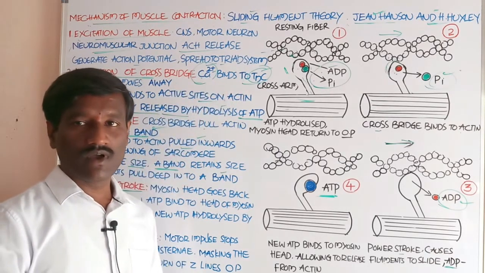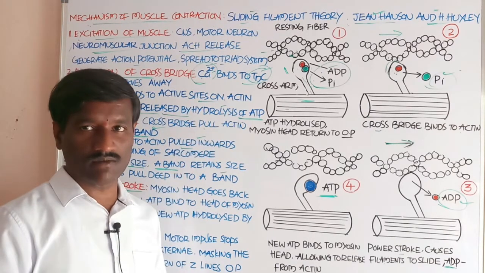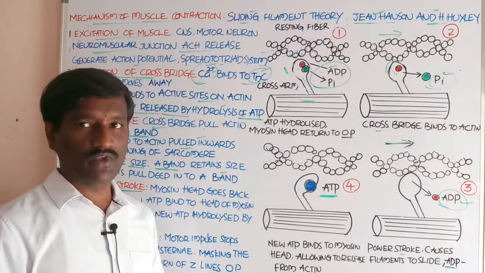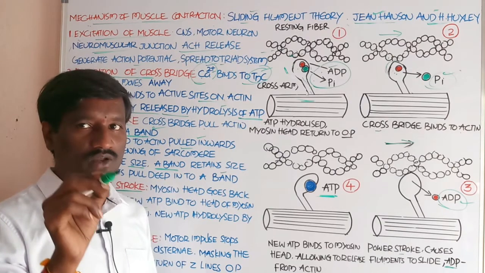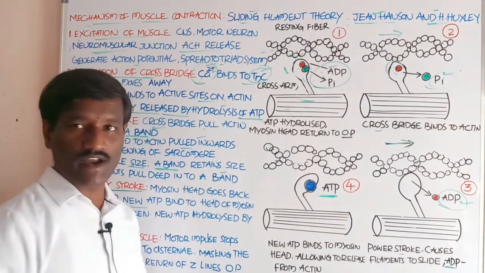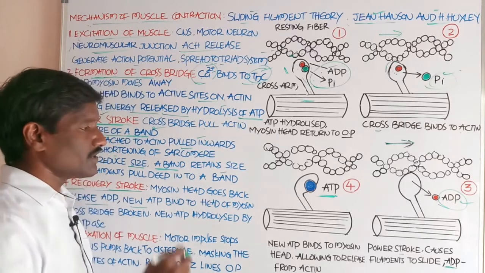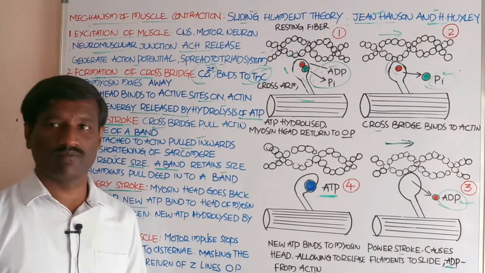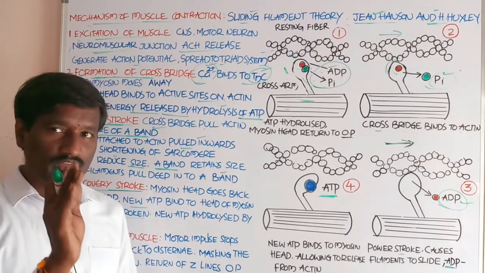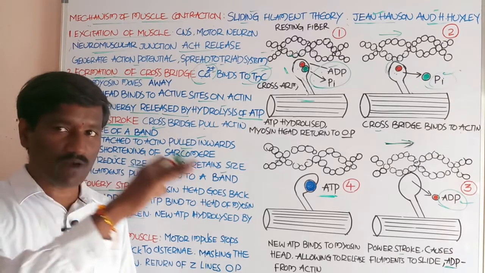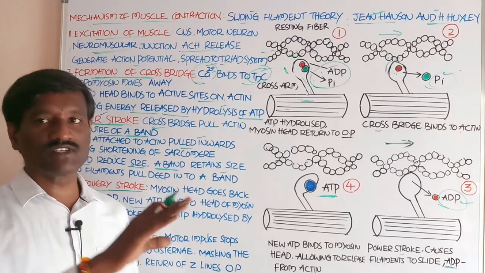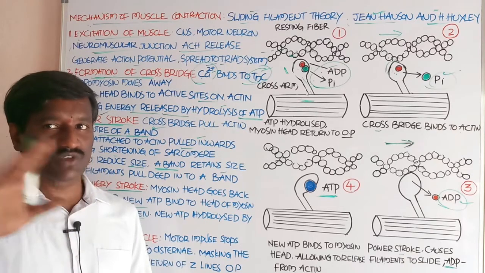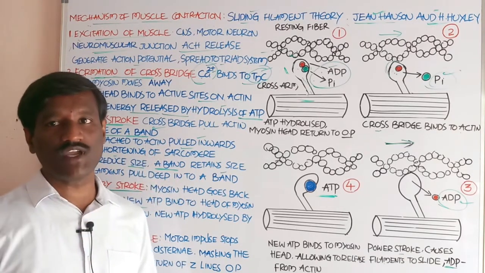One binds with the active site of the actin. The other is the ATP binding site, where another new ATP molecule binds with the myosin head. Okay student, and this causes the cross bridge to break. When the new ATP molecule binds with the myosin head and the cross bridge is broken, the myosin head moves to the side from the active site of the actin.